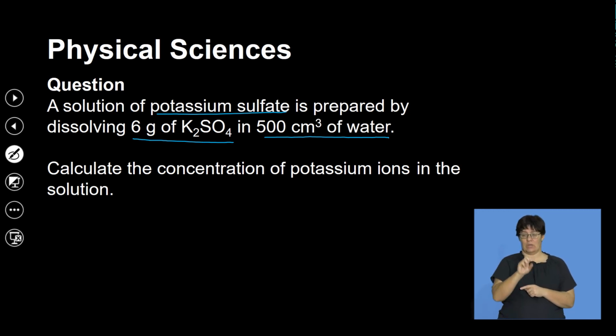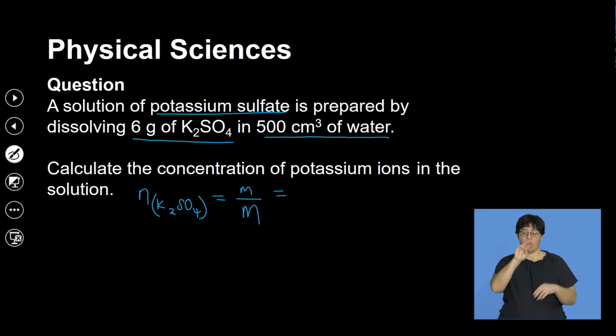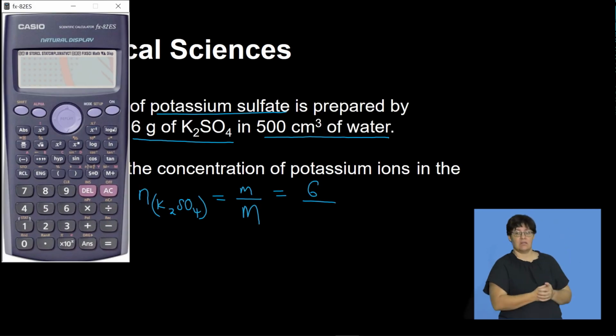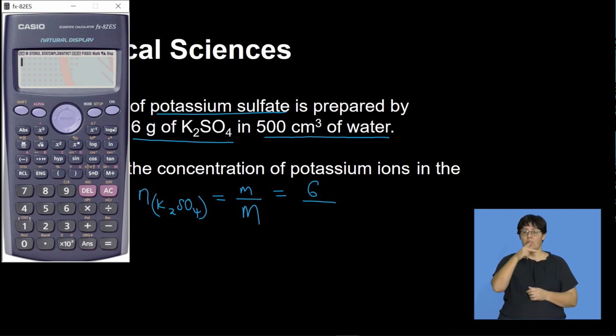As far as the concentration in 6 grams, we would ask ourselves how many moles of potassium sulfate are present. So, the moles of potassium sulfate, K2SO4, present is mass over the molar mass. The mass of this sample is 6 grams, divided by the molar mass. If we go to our periodic table, for potassium sulfate, potassium has a mass of 39 grams per mole.